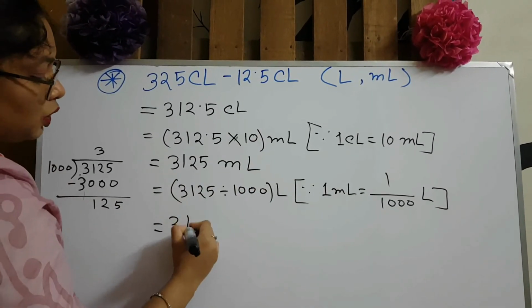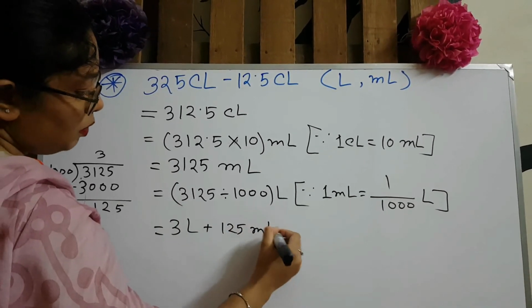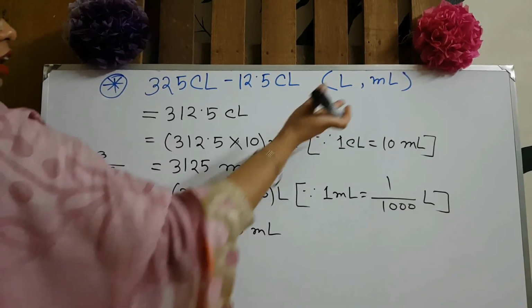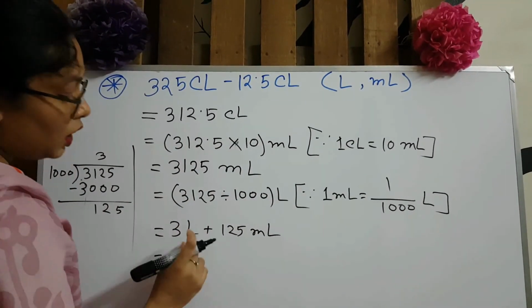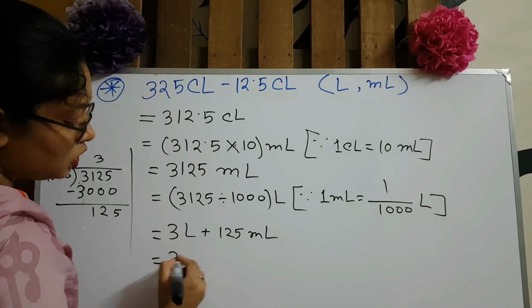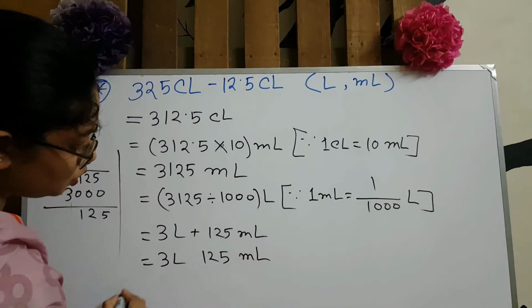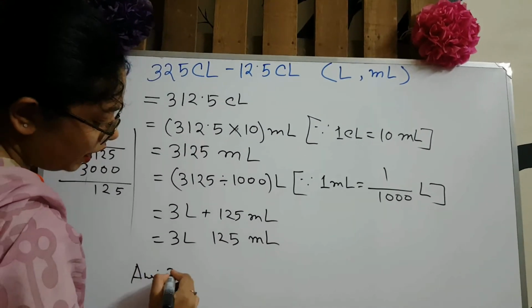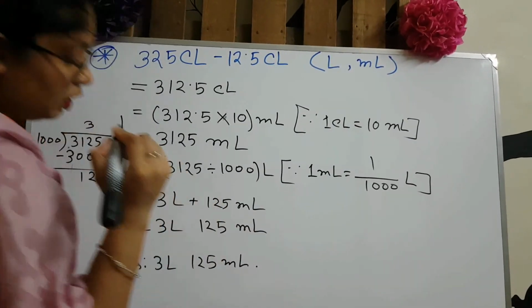So 3 liter 125 milliliter. Here we have already converted into liter and milliliter, so now we can drop the addition sign. So this is our answer, 3 liter 125 milliliter.